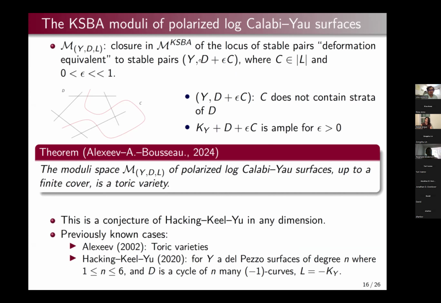That's why we take a divisor looking like D plus epsilon C. The stability is nothing to worry about, but we need to worry about satisfying the SLC condition, and one can show that as long as you take C which won't go through the singular points of the boundary, you can satisfy the SLC condition. That's correct. I see. Thank you very much.